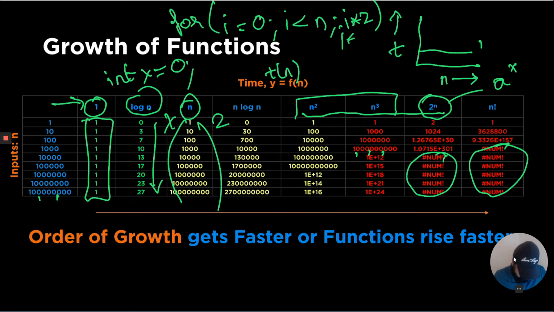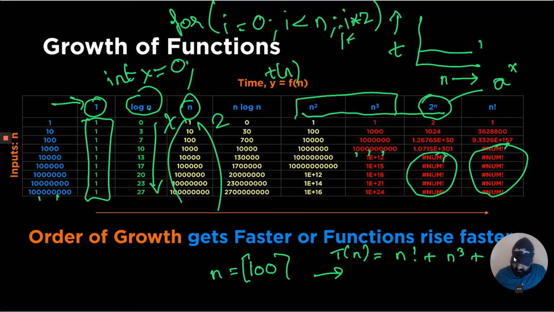So let's say we talk about a function that has 100 inputs, where n is 100, like an array of size 100 being passed into a function, and let's say the time computed using method 2 is equal to n factorial plus n cube plus n plus log n.